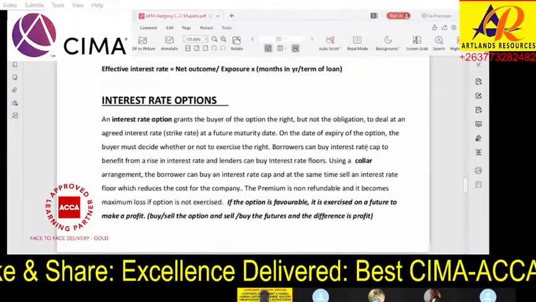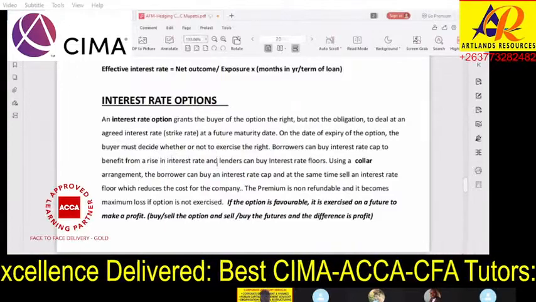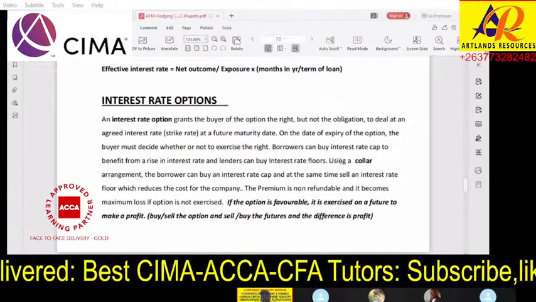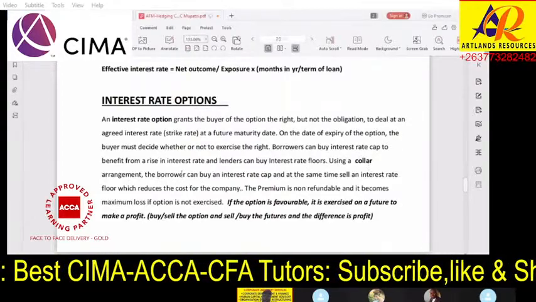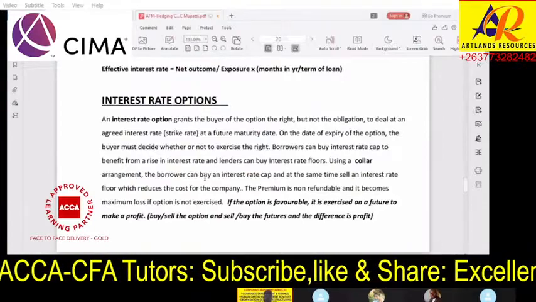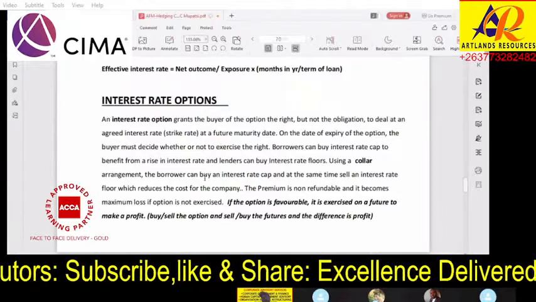Borrowers can buy interest rate caps to benefit from a rise in interest rates, and lenders buy interest rate floors. Using a collar arrangement, the borrower can buy an interest rate cap and at the same time sell an interest rate floor, which reduces the cost for the company.